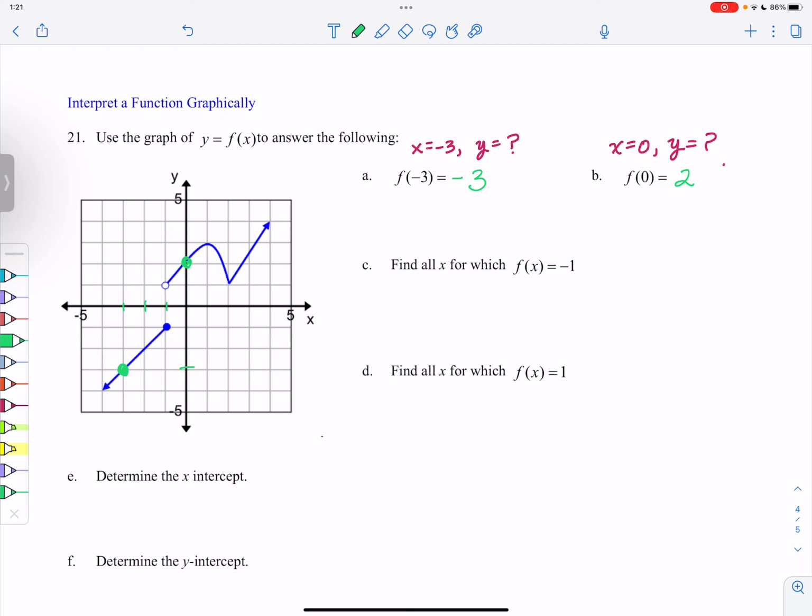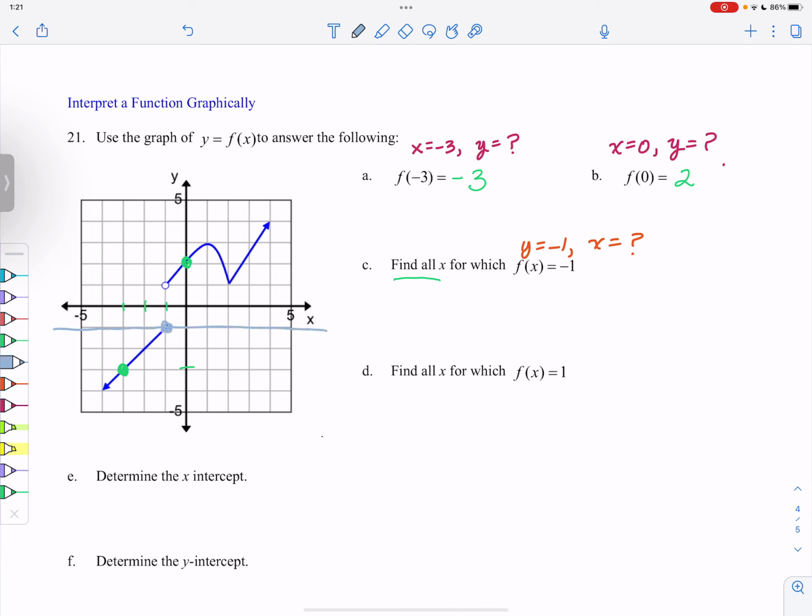Okay, let's keep going. Find all values for x where y is -1. So we're looking for when y is -1, what is x? So let's go to y equal to -1. Here's y equal to -1.